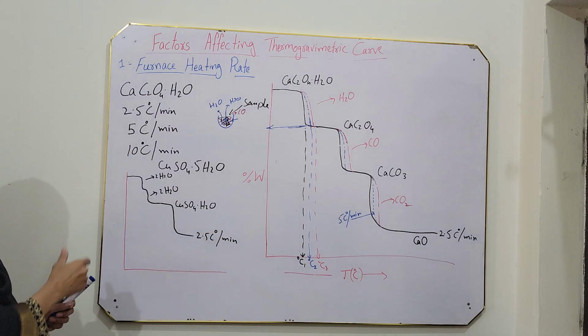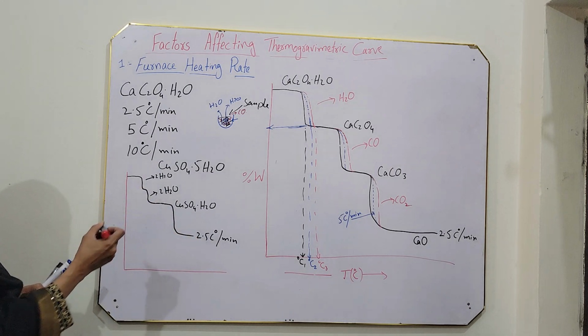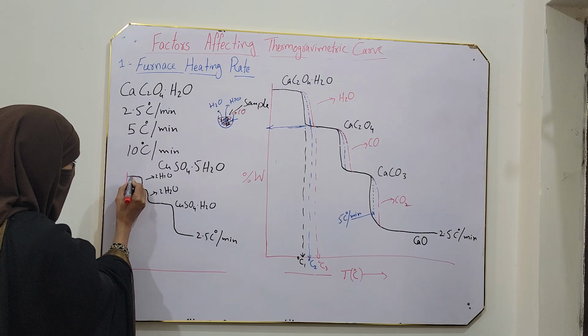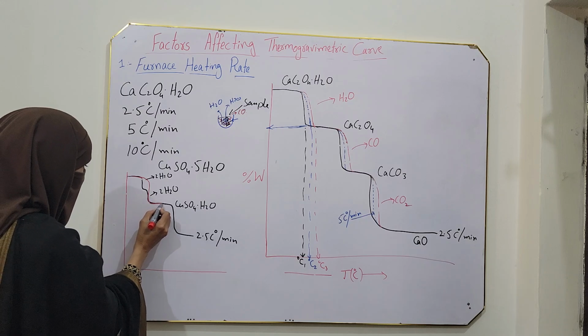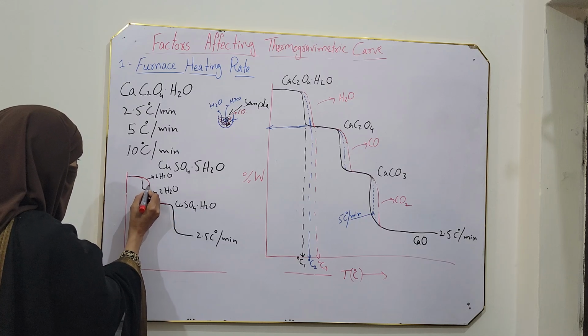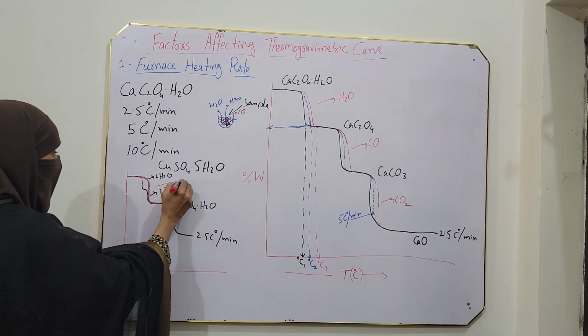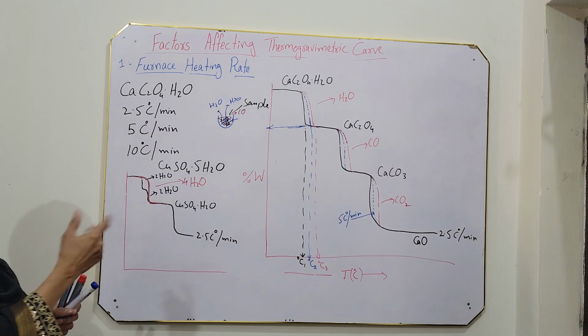If the heating rate is increased to 10 degrees centigrade per minute, then the same copper sulfate curve appears like this. We get a single step like this, meaning 4 water molecules are removed in a single step.